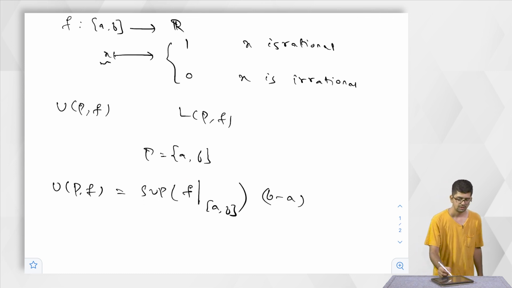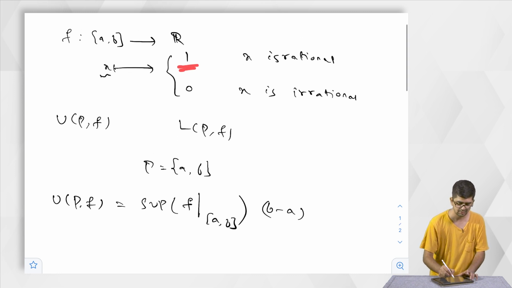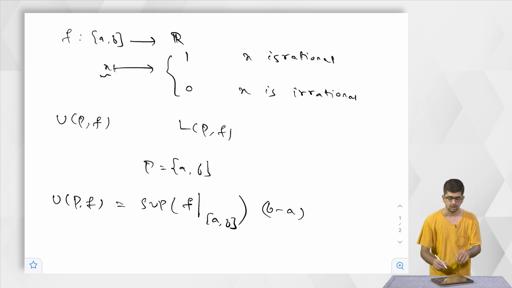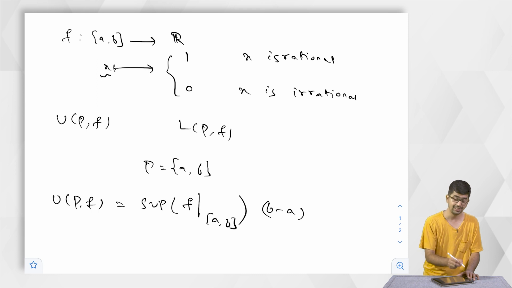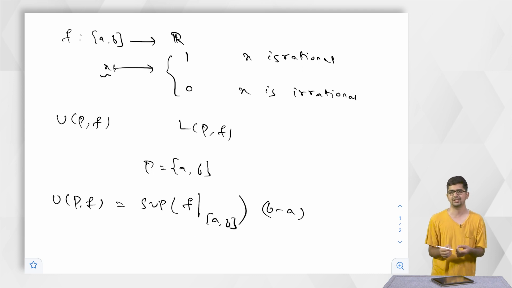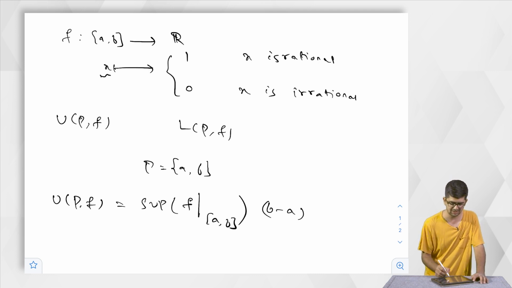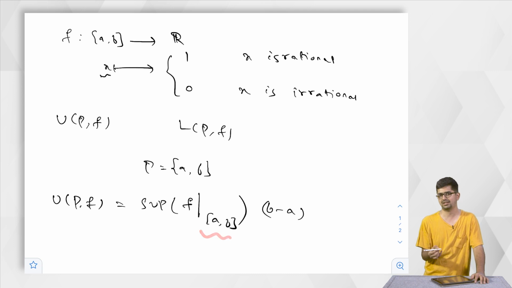See, observe that f takes only two values, either it takes 1 or it takes 0. In this interval there will be rational numbers, so f takes 1 in this interval. The image of this is just two elements, 0 and 1. 1 belongs to the image because this interval contains a rational number, and 0 belongs to the image because this interval contains an irrational number.